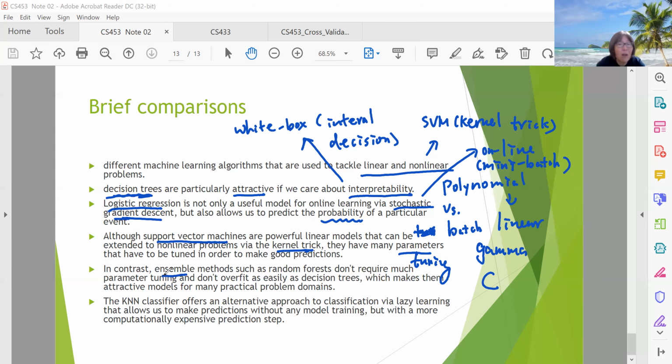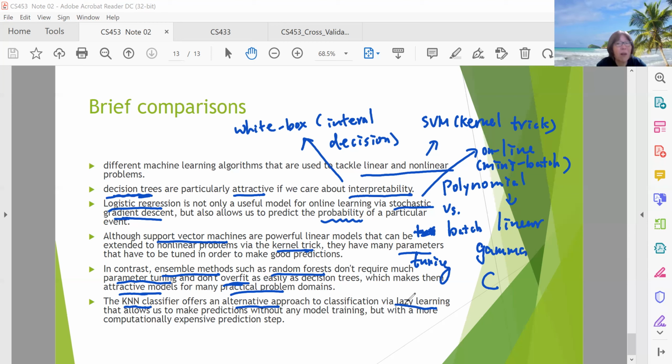And the ensemble method that we learned is random forest. It's not using a single tree, it uses multiple trees. And we don't need to worry much about parameter tuning, and also about overfitting. So random forest, the ensemble method, is a lot of times quite attractive for many practical problems. And KNN is an alternative because it's lazy learning.